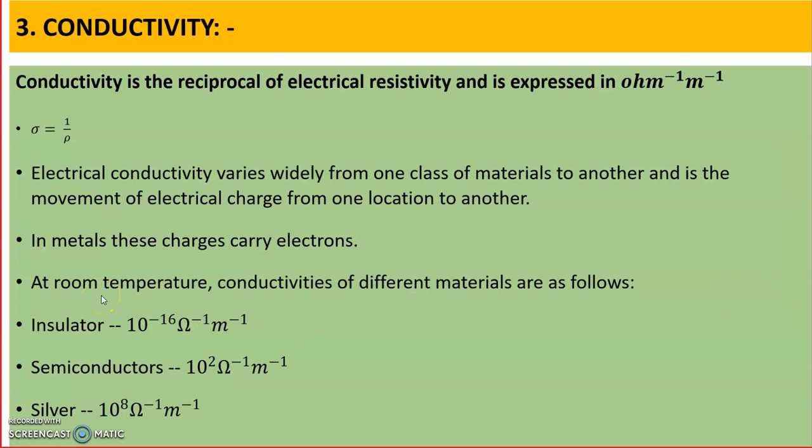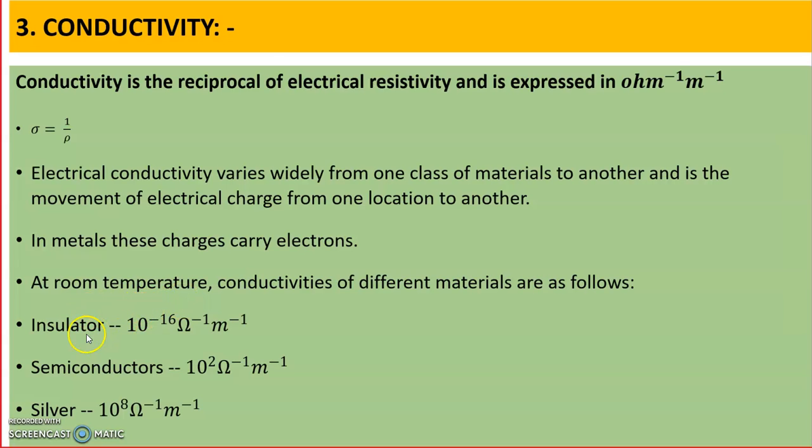At room temperature, conductivity of different material is as follows. Because resistivity depends upon temperature, so conductivity will also depend upon temperature. If the ambient temperature is hot, then conductivity will be different. So generally it is specified at room temperature.